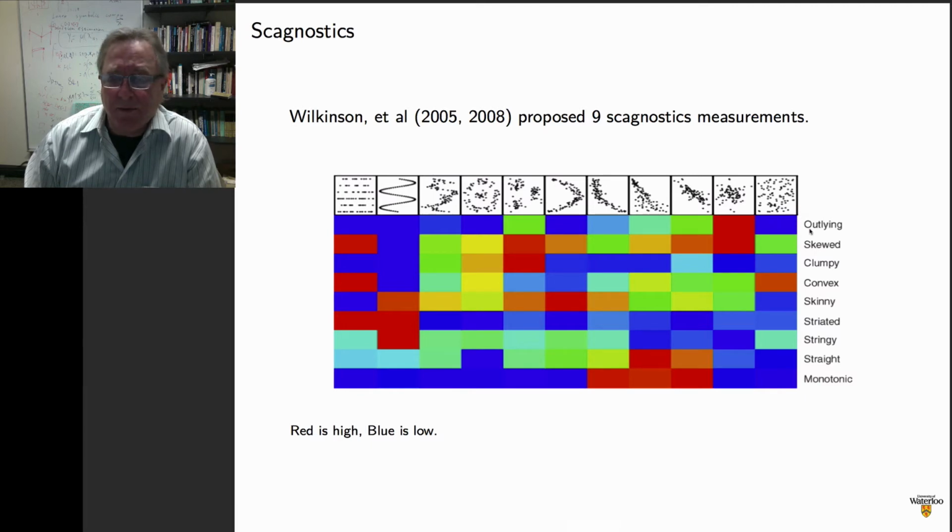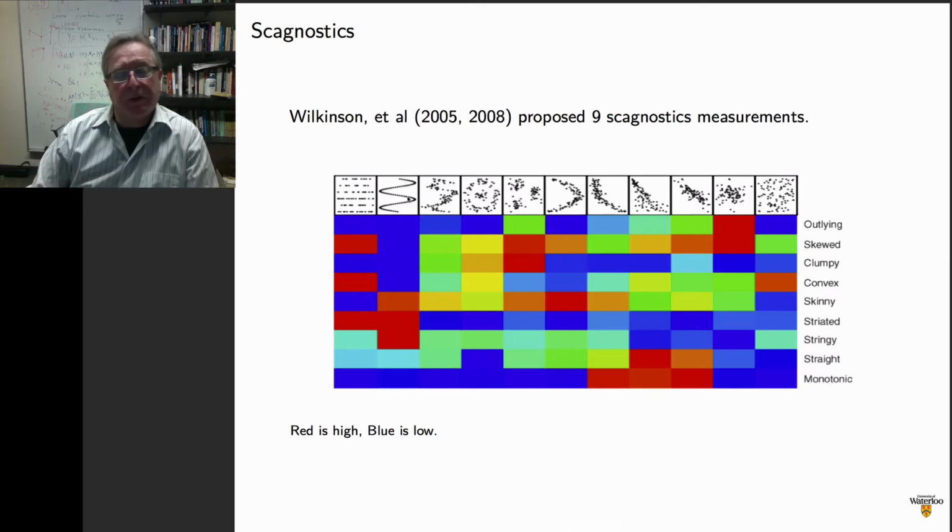For this particular scatter plot here, second from the right, it has high values of outlying and skewedness, and low values of clumpiness, monotonicity and stringiness. And conversely, over here on this spring-like curve, the sinusoidal curve, we have low values of outlying, skewedness, clumpiness, convexity, a higher value on skinny, and very high values on striated and stringy.